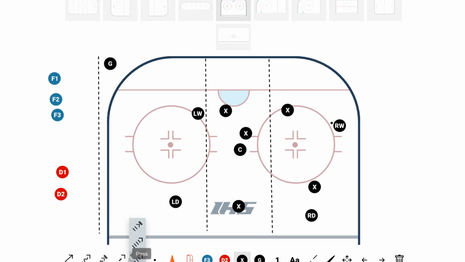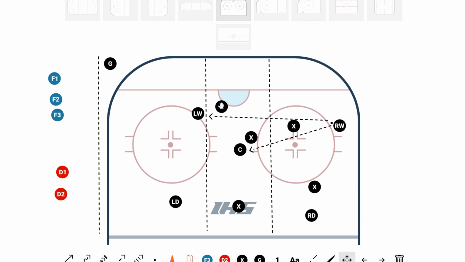As you can see here, this is never going to happen. This pass to the left wing, very unlikely. And if you pass it to the center, good luck to the center to ever get a shot on net quickly without getting poke checked off.